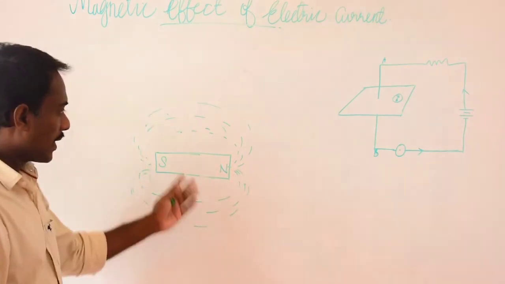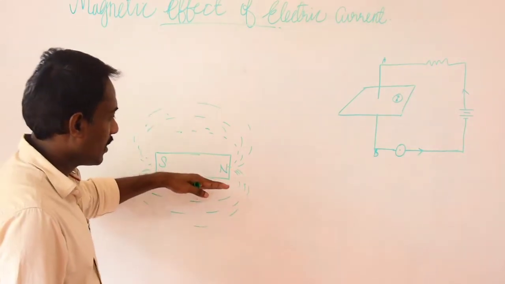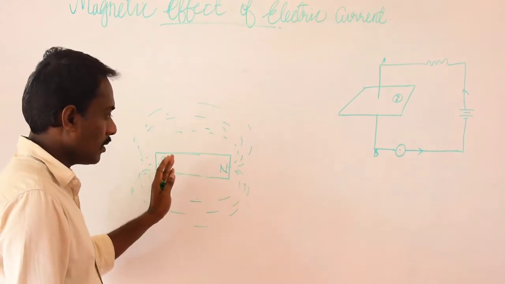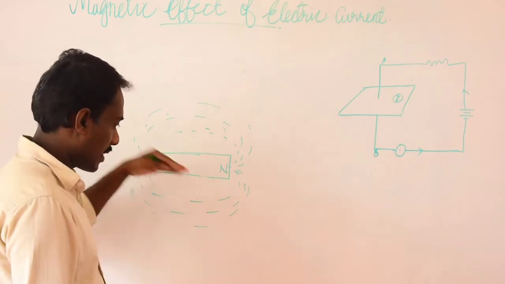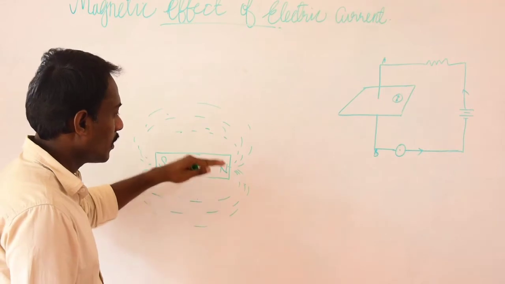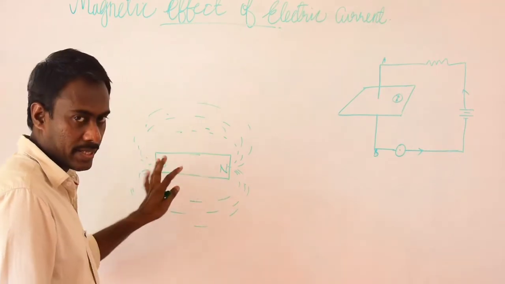Why? Because these iron filings are attracted by the poles of the magnet, and they arrange themselves under the influence of the magnetic field produced by the magnet.